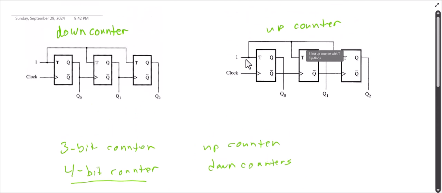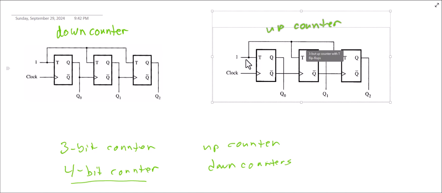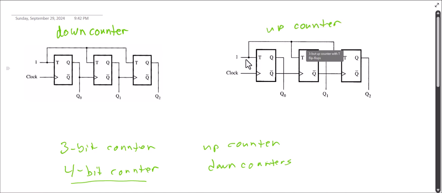Well, before we do that, let's take a look at what the difference between the up counter and the down counters are. The down counter has the output from Q going into the clock, and the up counter has the output from Q bar going into the clock.